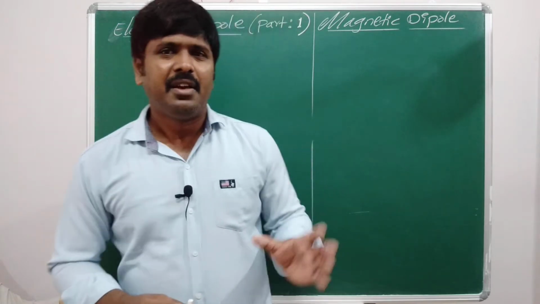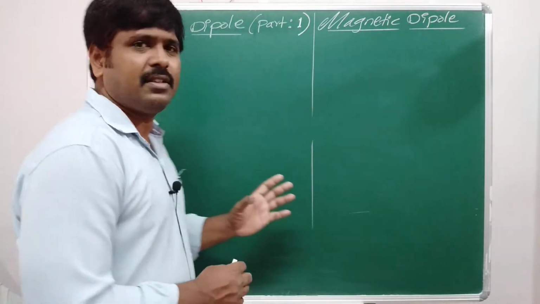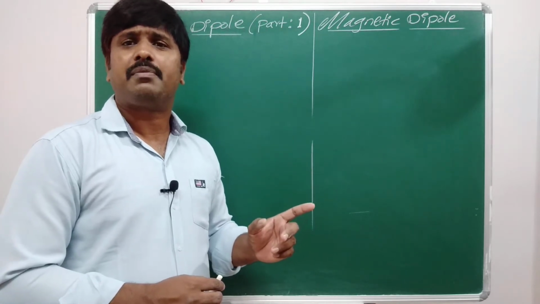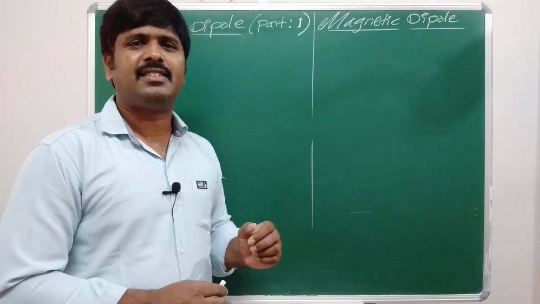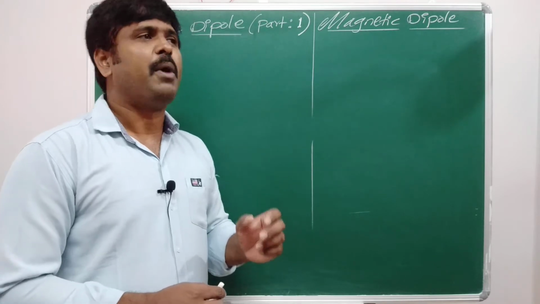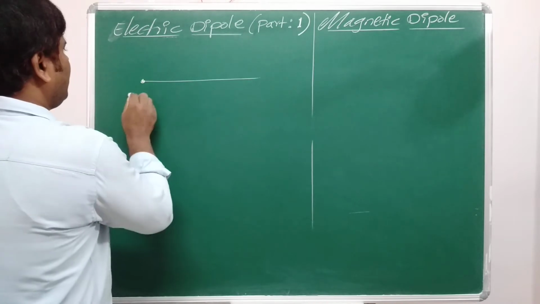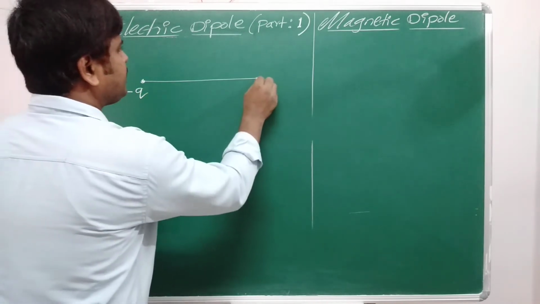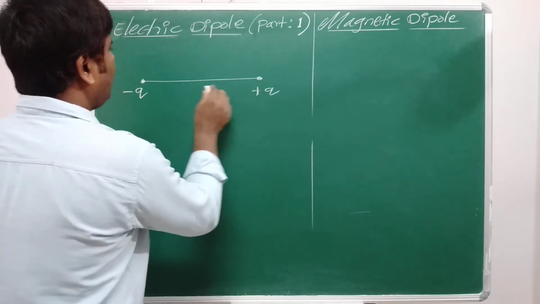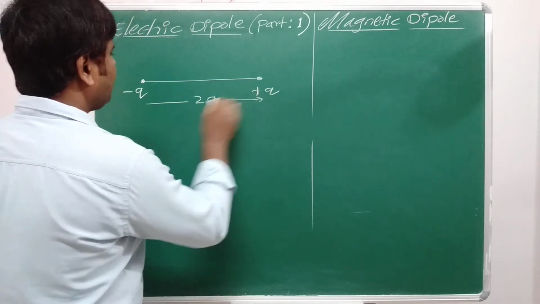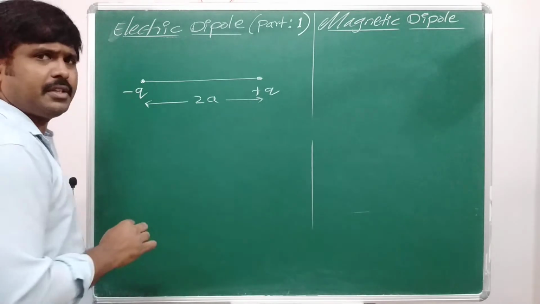See, first, what is an electric dipole? An electric dipole is a system of two equal and unlike charges separated by a small distance. This is the minus q charge and this is the plus q charge, separated by a small distance. This is called an electric dipole.